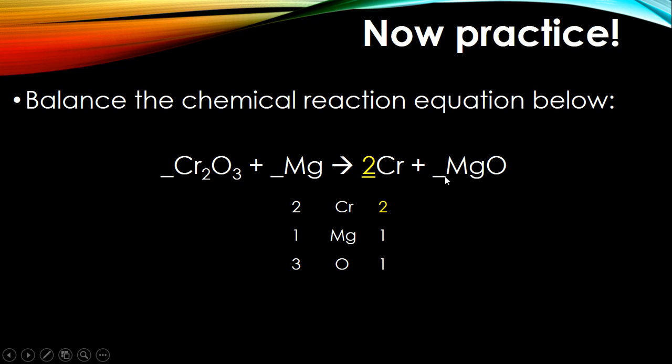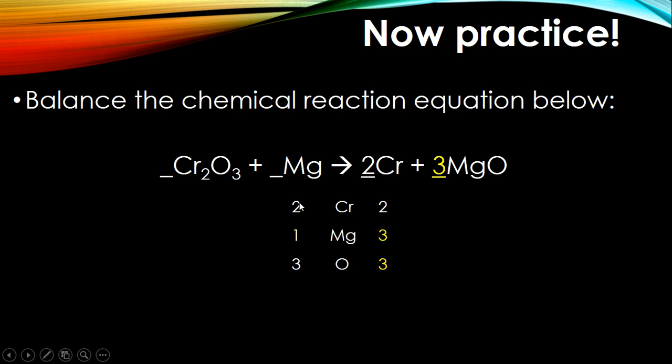So I'm going to put a 3 right here. That'll change my oxygen to 3, right? 3 times 1. But I also put the 3 in front of this magnesium, so now my magnesium changes as well. That would be 3 times 1, so my magnesium is 3 as well. So I've balanced chromium, I've now balanced oxygen, but in the process, I unbalanced magnesium.